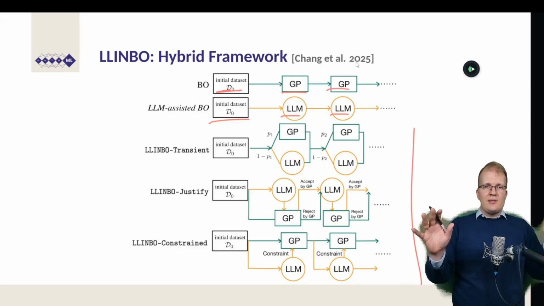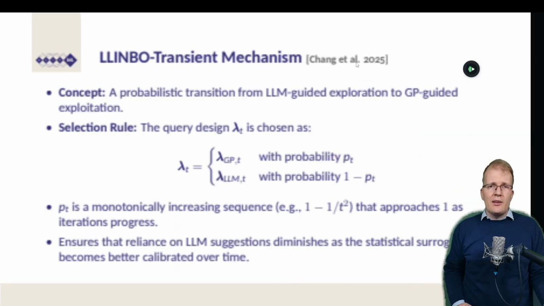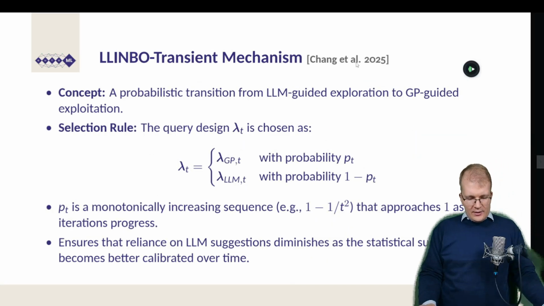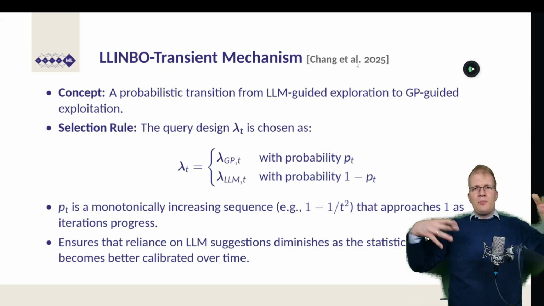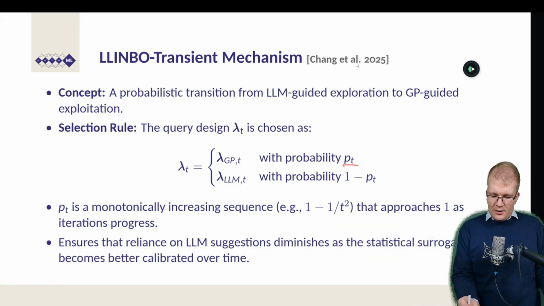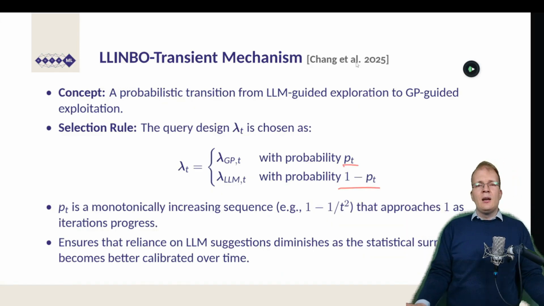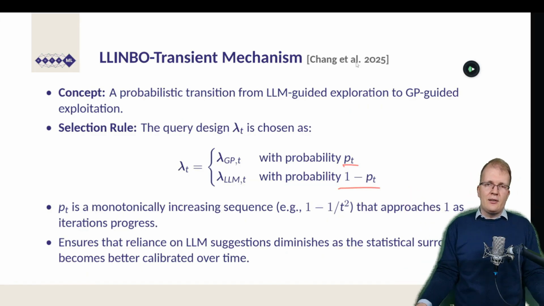Transient, justify, and constraint, which I will explain in a second. The transient mechanism is a very easy one and says, okay, from time to time we would like to use the GP and from time to time the LLM. So in each iteration there is probability PT or 1 minus PT that we use one or the other surrogate model to get a new configuration.